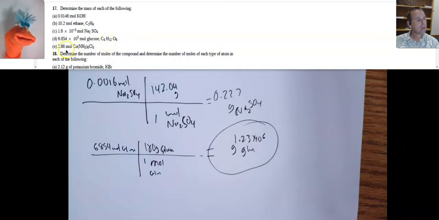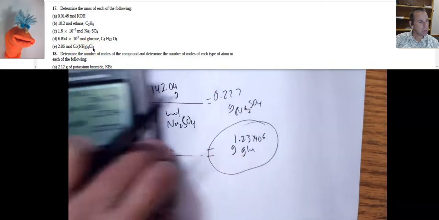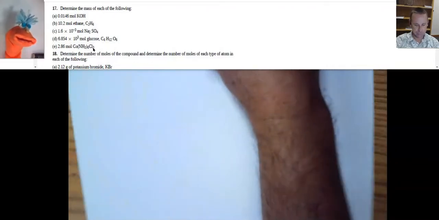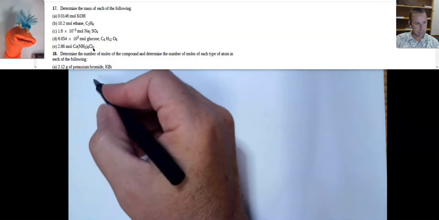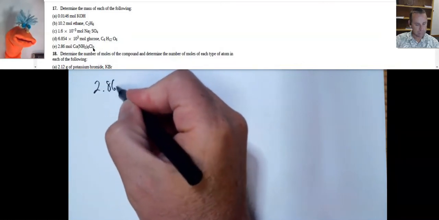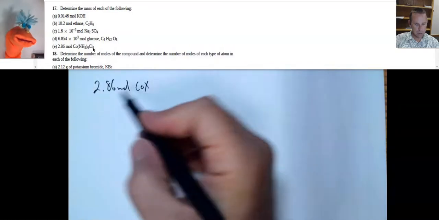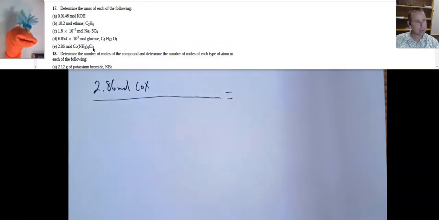All right, 2.86 moles of this stuff. Cobalt ammonium chloride. Cobalt ammonia chloride? All right, so we have to figure out the molar mass of that. 2.86 moles. I'm going to call it cobalt compound.